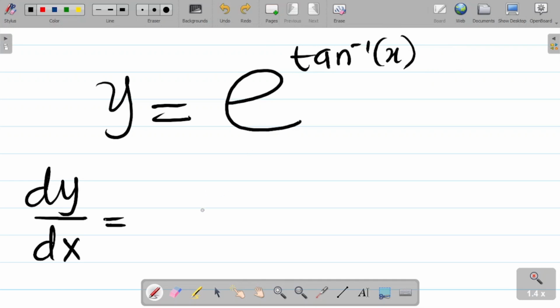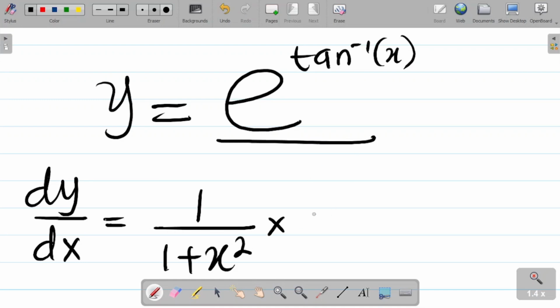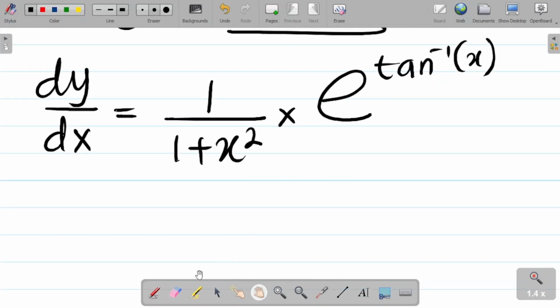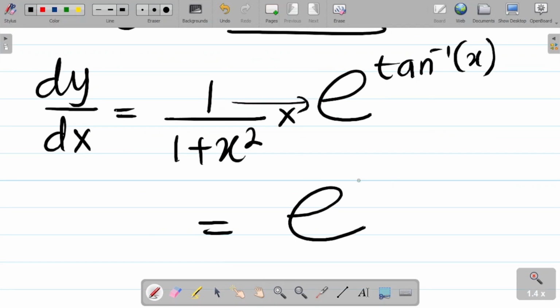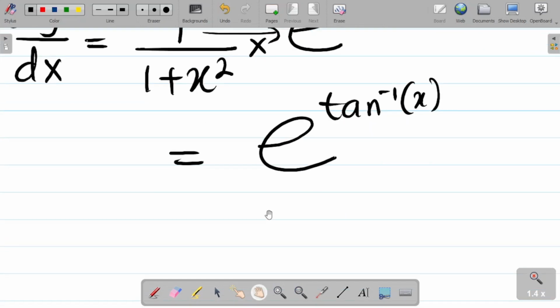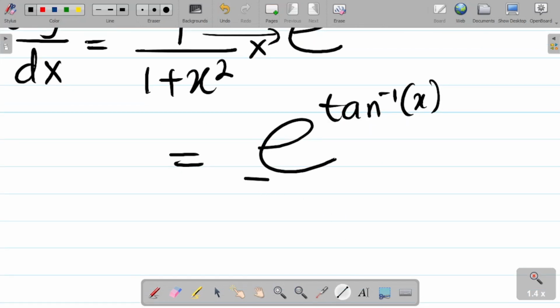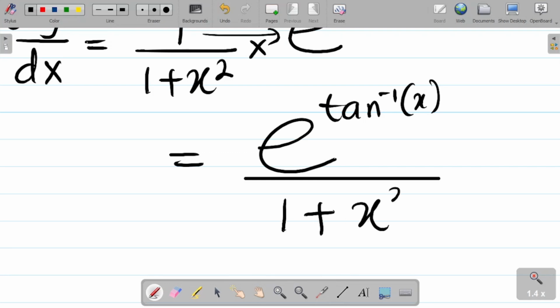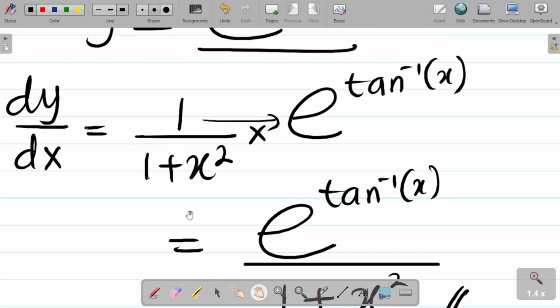If I differentiate tan inverse of x, I will have 1 all over 1 plus x squared, multiply this by the question. That becomes exponential tan inverse of x. And if I multiply these two, of course, this is equal to 1 times this gives you exponential tan inverse of x all over 1 plus x squared. So you have this. This now becomes the answer to this question.